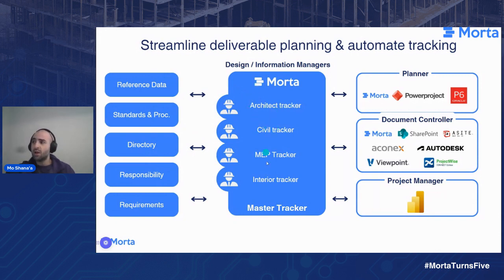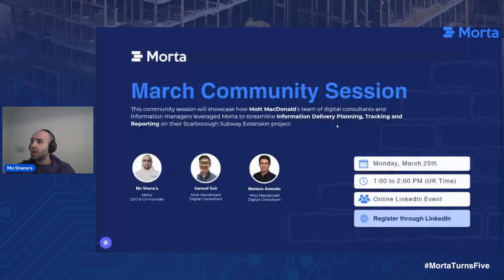And rather than having many different files, you have that in one big table, and that then ultimately communicates via API with the document control systems and the CDEs, or with systems like Power BI. Now, our next community session is going to focus exactly on that, on information delivery planning and tracking.